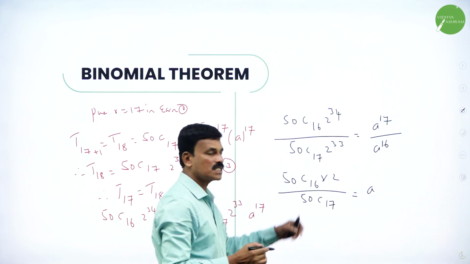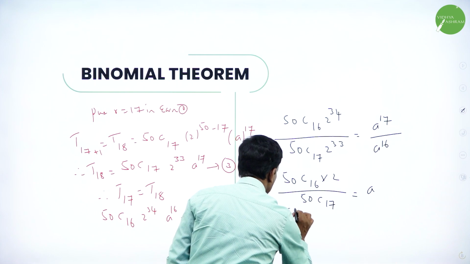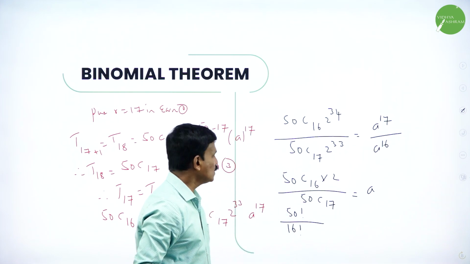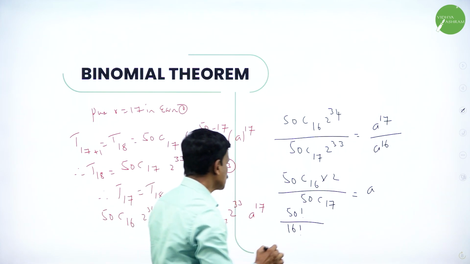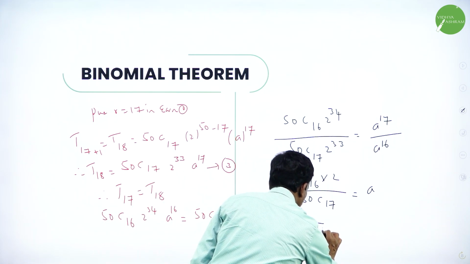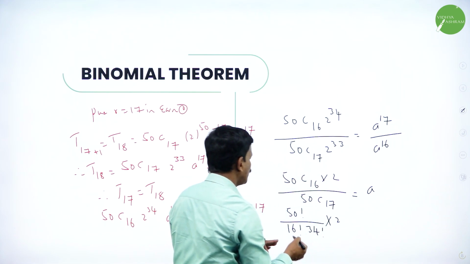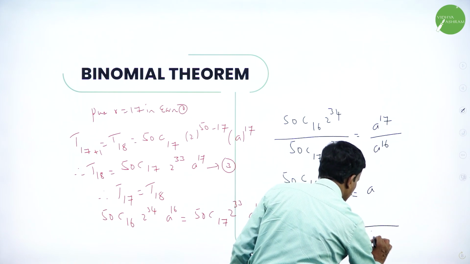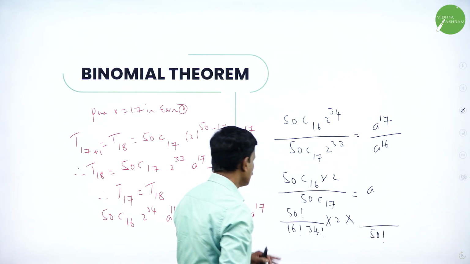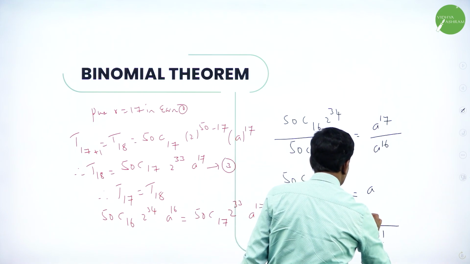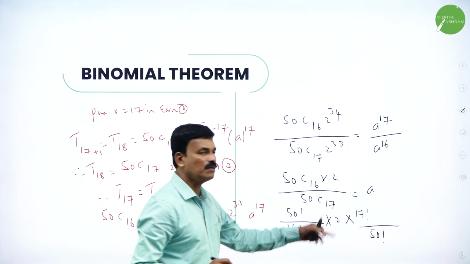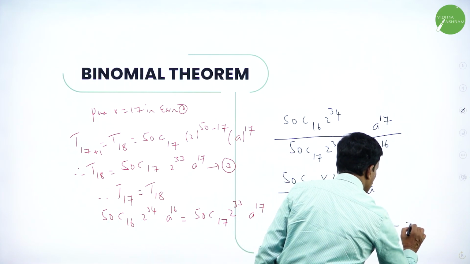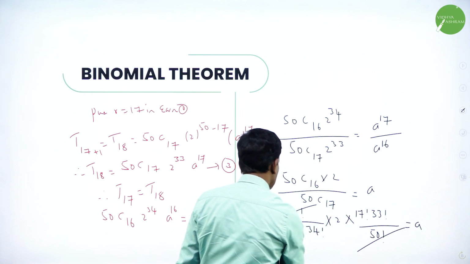What is 50C16 divided by 50C17? So, 50C16 is nothing but 50 factorial divided by 16 factorial, that is r factorial, into 50 minus 16, that's equal to 34 factorial, into 2, divided by, so this goes to the numerator, that is nothing but in the denominator we have 50 factorial, into numerator 17 factorial into 50 minus 17, 50 minus 17 is 33 factorial, is equal to a. So, 50 factorial gets cancelled.